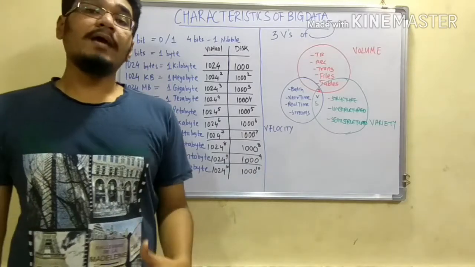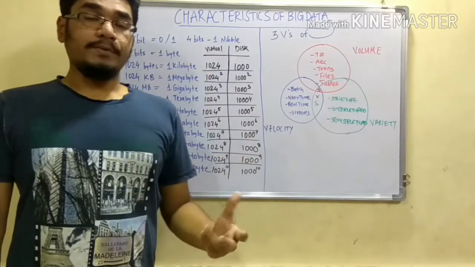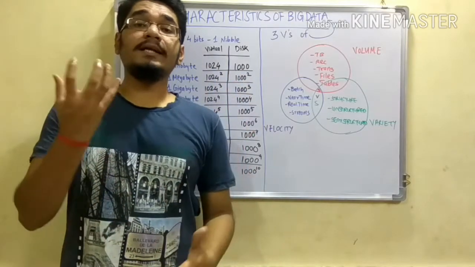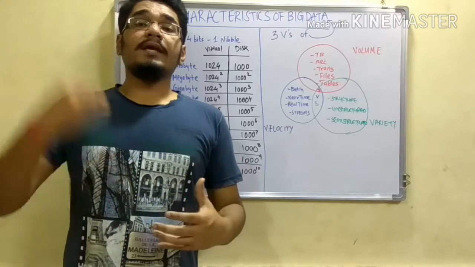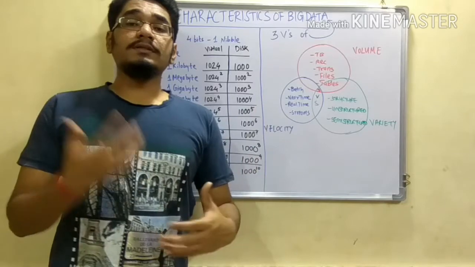First we have the volume characteristic of big data. Volume is the amount of data, or the chunk of data, that is generated each and every second, from sensors, media, offices, colleges.